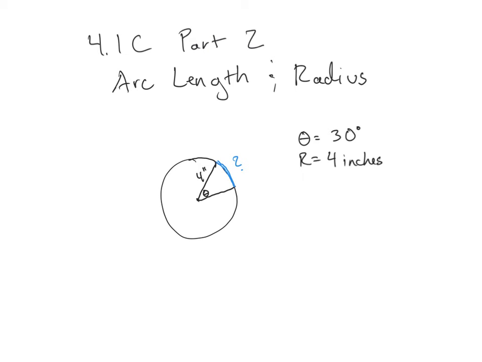So that arc length in itself is a proportion of that 360 degrees. So first we have to write in that proportion, and that proportion is 30 degrees out of 360. So that is the proportion of that circle.